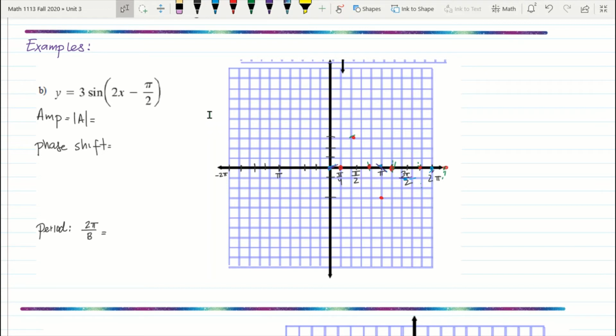So let's find the amplitude, and the amplitude is the absolute value of a. So the absolute value of 3 comes out to be 3.